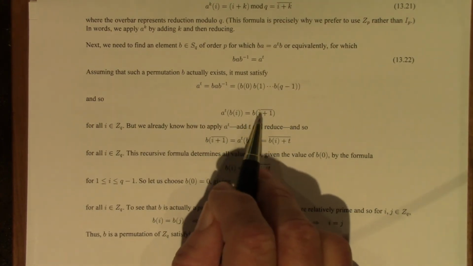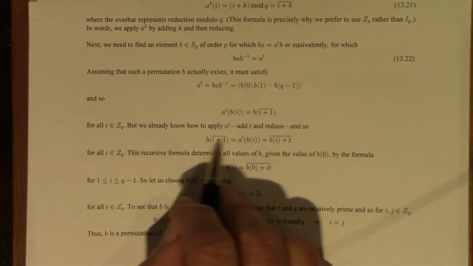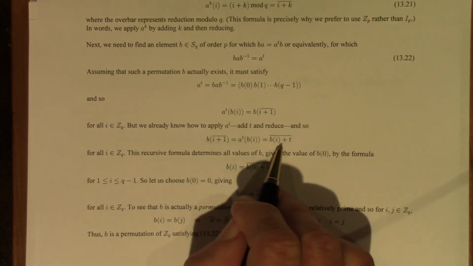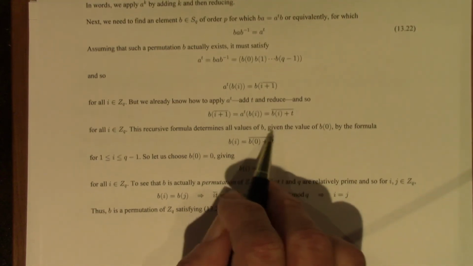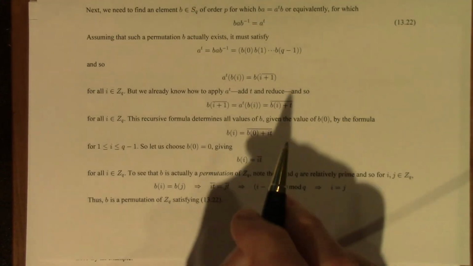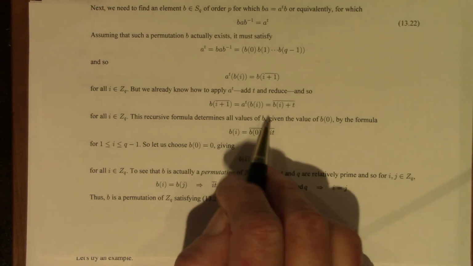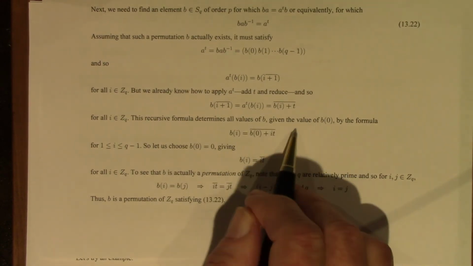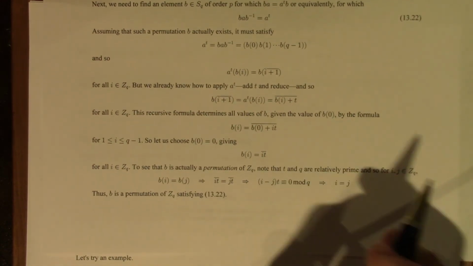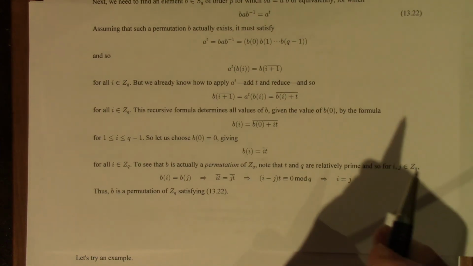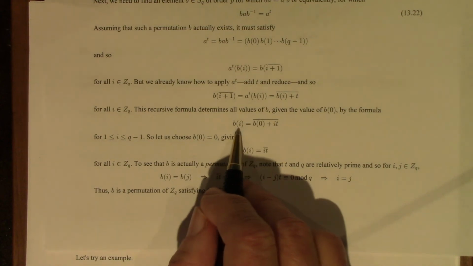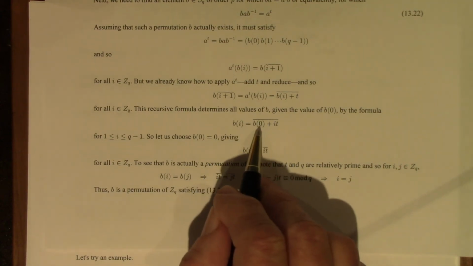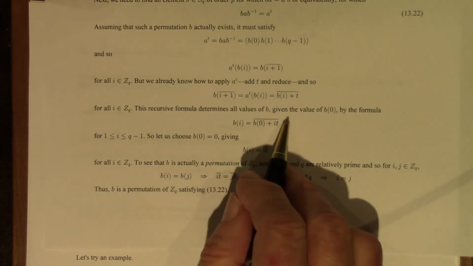So this side, which is equal to this, is also equal to this. And this is a recursive type formula that determines all the values of B, given the value B of 0. It's this formula, B of I is equal to B of 0 plus IT mod Q.